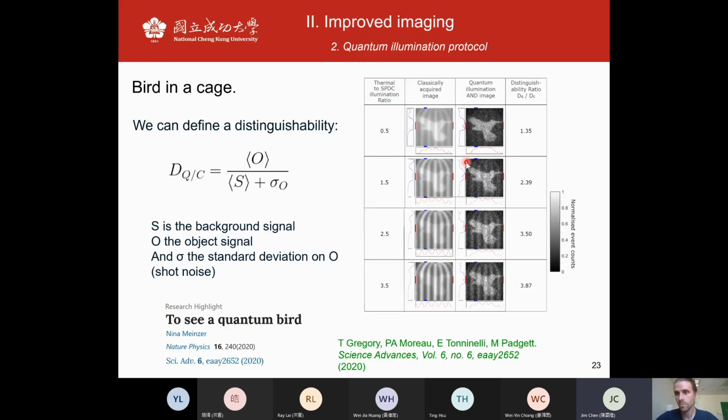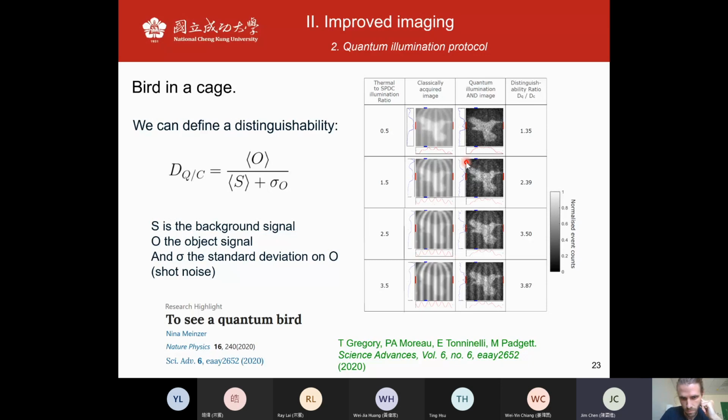Another question regarding your work on the parametric process, you designed an optical experiment. According to the quantum illumination protocol, you need a storage device to store the idler signal.